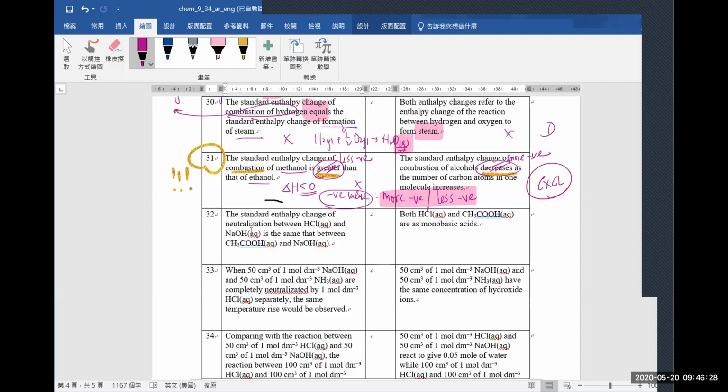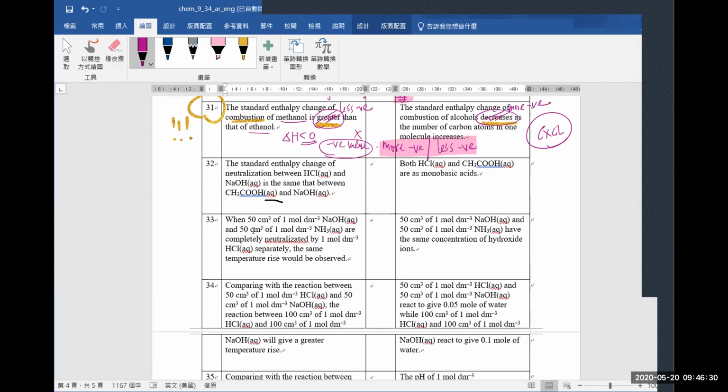The next one: the standard enthalpy change of neutralization between HCl and NaOH is the same as between ethanoic acid and NaOH. It's wrong, okay? It's not the same. How do you make it correct? It's not the same. Besides writing not the same, can you tell me more negative or less negative? Both of these are reacting with a base, but the acids are of different strength.